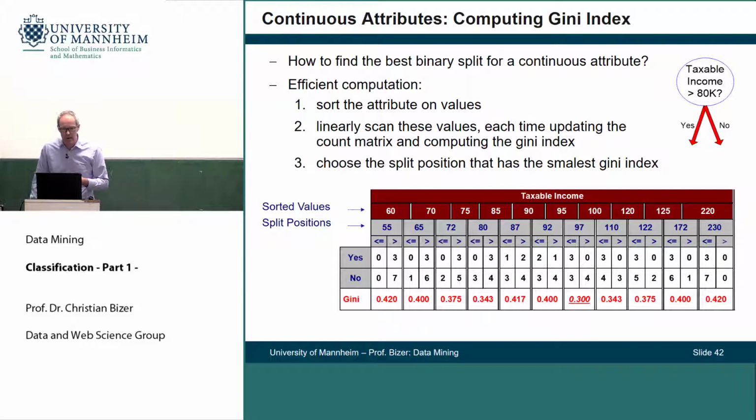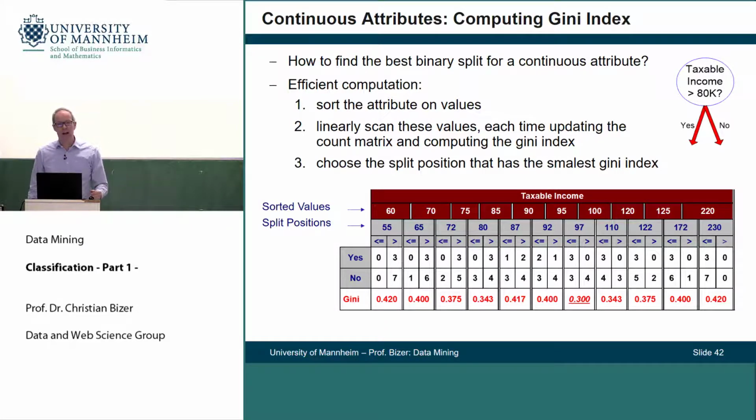Now we move to the next possible split boundary. There we have one example that has a value below the 65. That's the one example with a 60. So our distribution of the examples over the classes changes. We again calculate the Gini, which is now 0.4, getting down. We go to the next split boundary. Now we have two class no examples that have a value below 72.